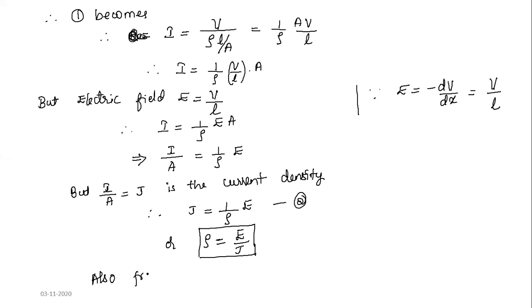Also from equation 2 you can write J is equal to sigma into E.